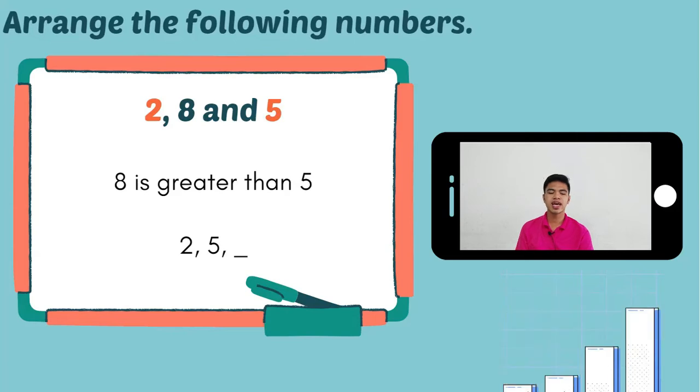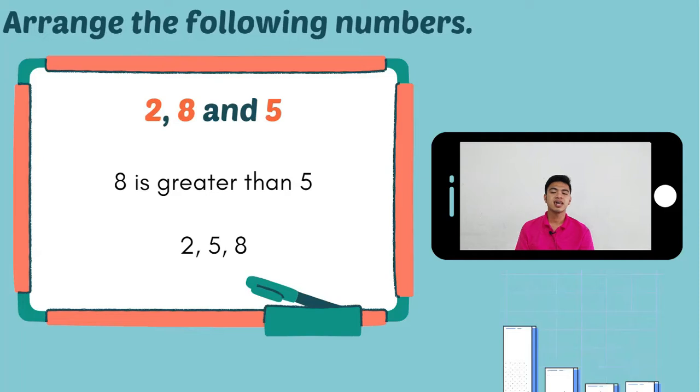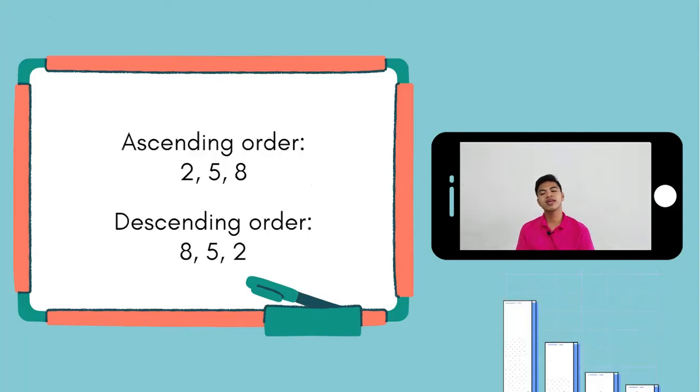Okay, so now we only have the last number, which is number 8. So therefore, we're just going to write down the remaining number, which is number 8. Okay, so 285 can be written in ascending order as 258, and then it can be written in descending order as 852.